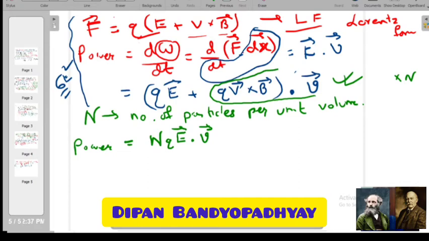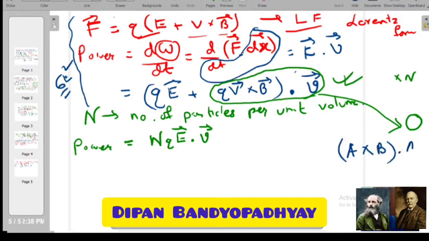And remember, this dot product will be 0. I hope you have understood why this is 0. Say two vectors, A cross B, dot product with A, this has to be 0. Why?